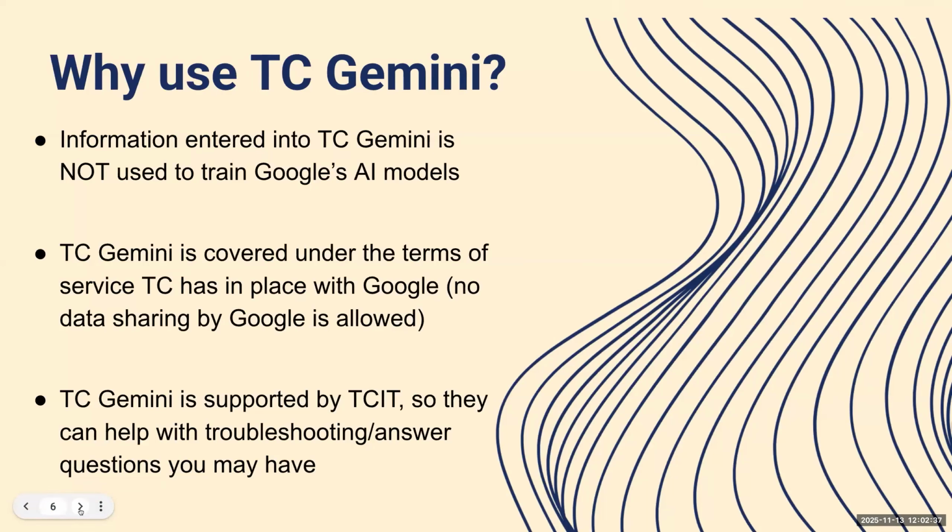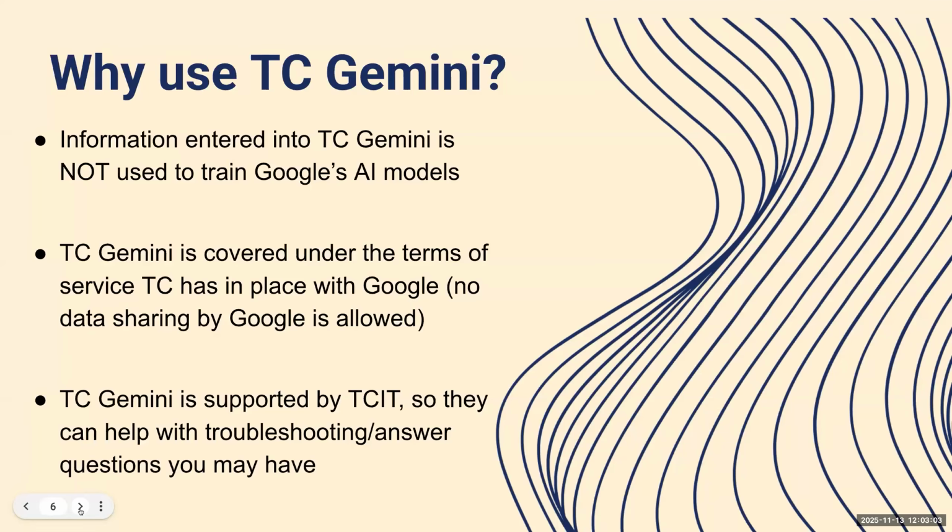There are also lots of other large language models out there. So why would you use TC's Gemini? First of all, it's free to you. Second, the information that you enter into TC's Gemini is not used to train Google's AI model. A lot of these models use whatever you enter to train their model.